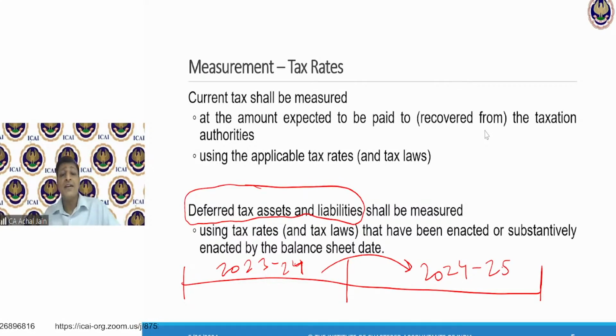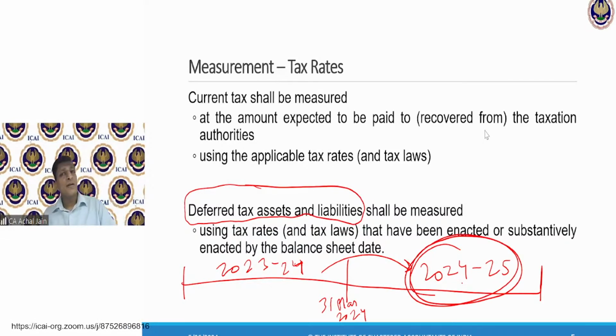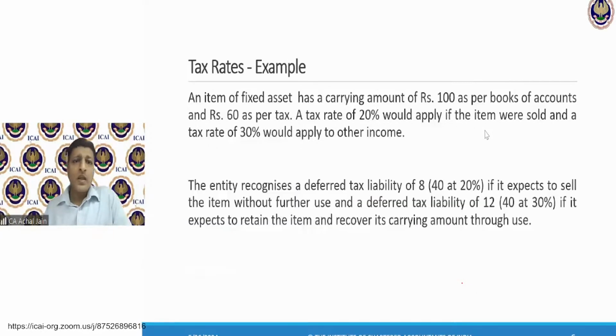Why? Because of the phrase 'by the balance sheet date'. What is the balance sheet date? 31st March 2024. The way it works in our economy is that by March end, we understand the tax rates which have been enacted or substantively enacted. And that happens to be the rate for the next year. Okay, clear on this?